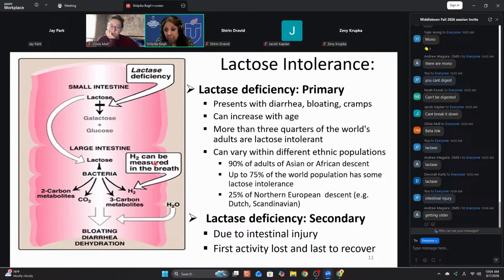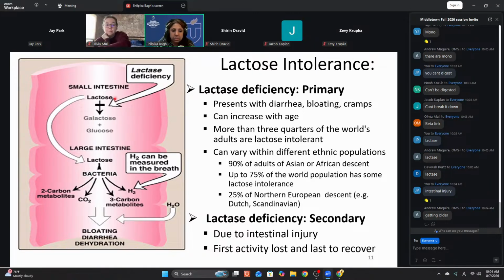Somebody says, okay, I was lactose intolerant only after I had a GI infestation. Age, very good. With age too. Sometimes with age, you see, I could tolerate lactose before, not now.